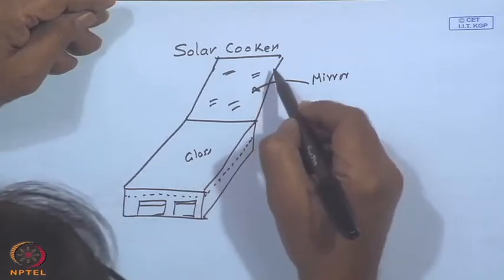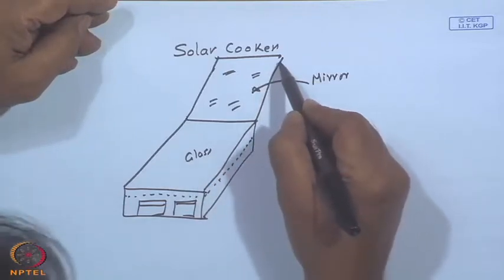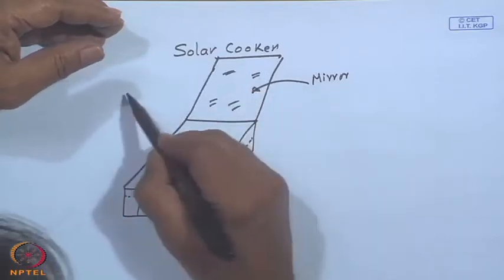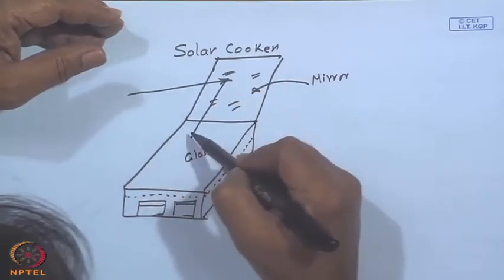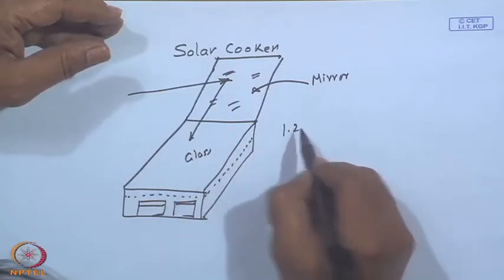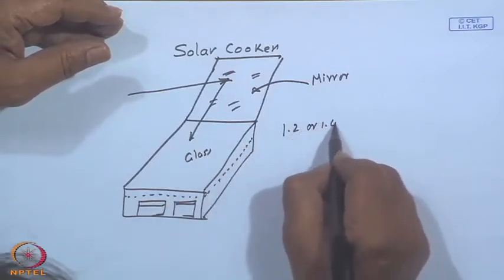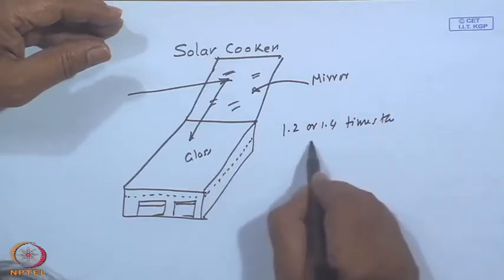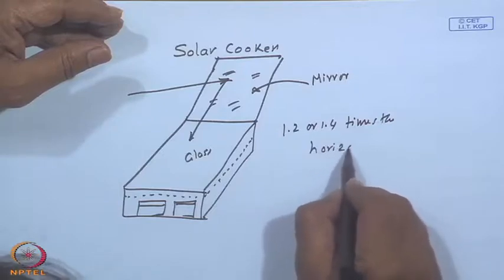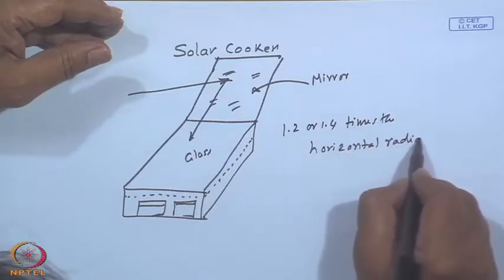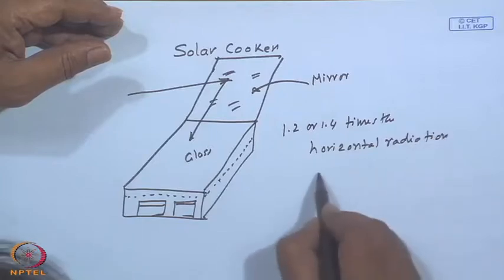Now, the angle of this roof or lid is such that the reflected radiation from the sun will fall onto this. So, there may be a factor of 1.2 or 1.4 times the horizontal radiation because of the booster.